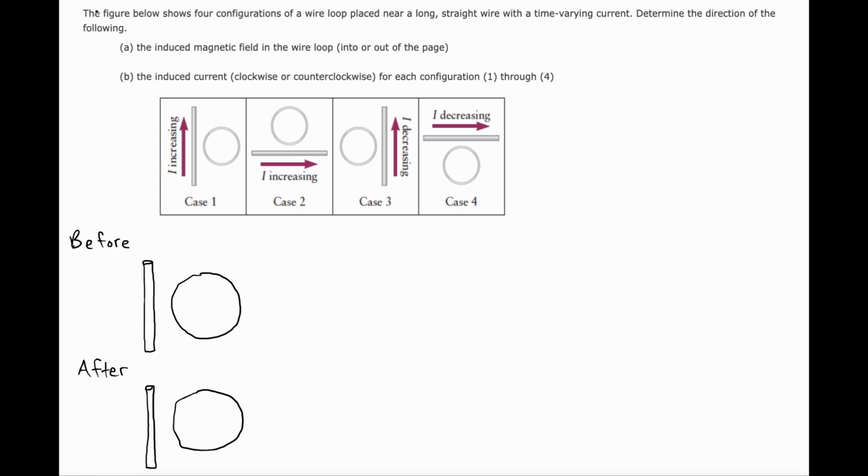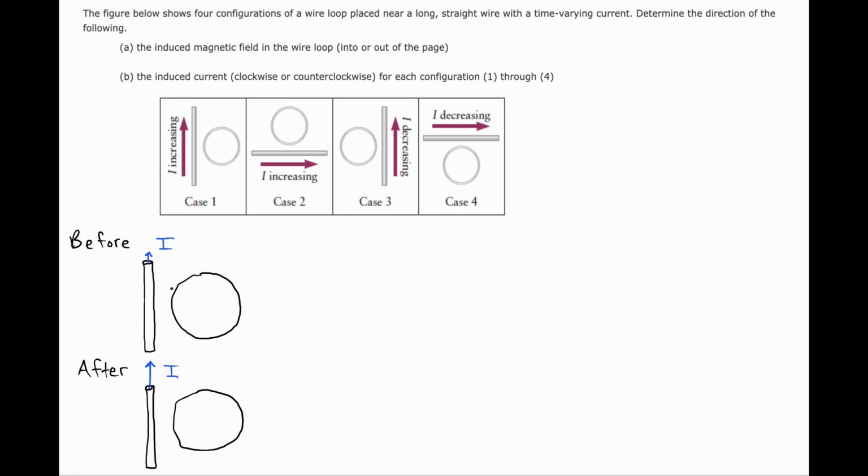All right, so initially there's a current in the wire that's small. And later that current becomes larger because they said the I is increasing. Let's see how the magnetic field around the wire is going to change due to this changing current, right?